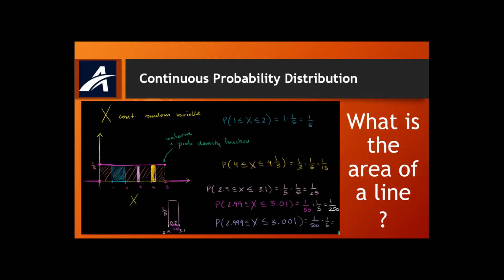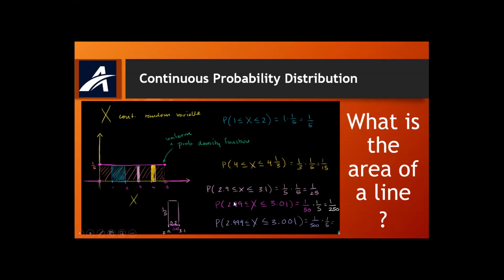For 2.9 and 3.1, it is 1/5 times 1/5, which is 1/25.